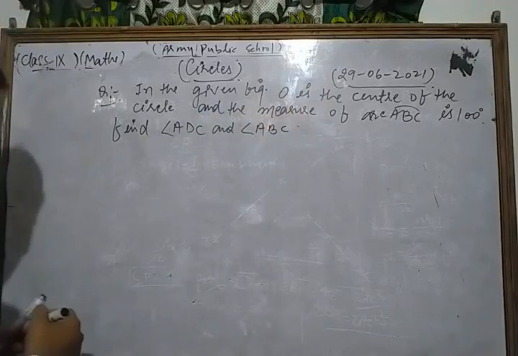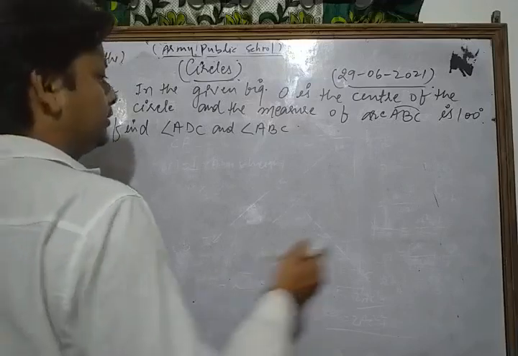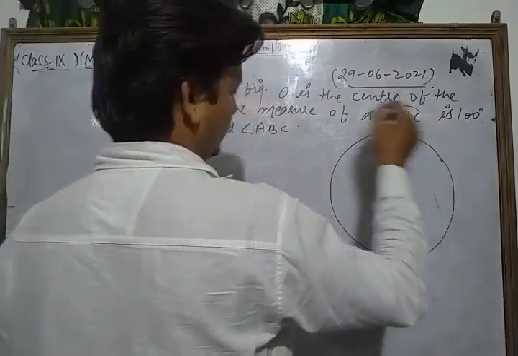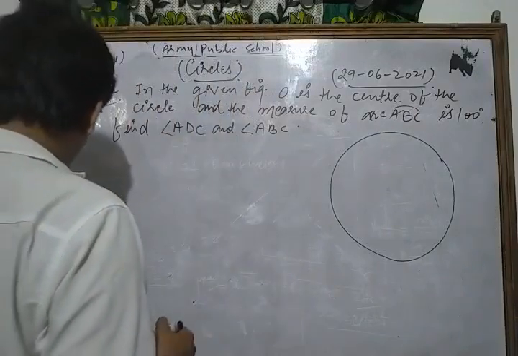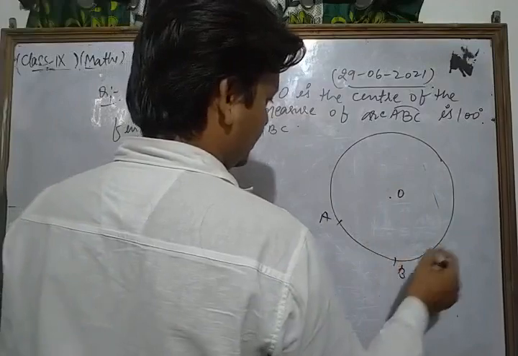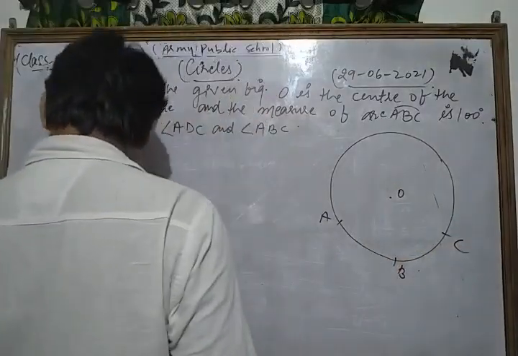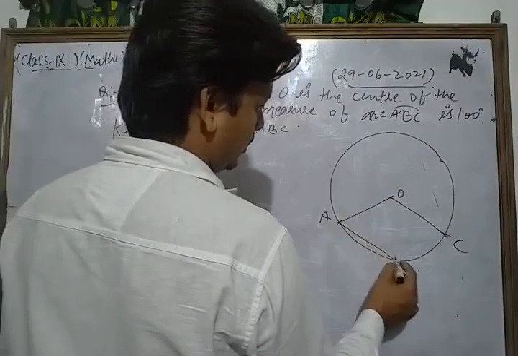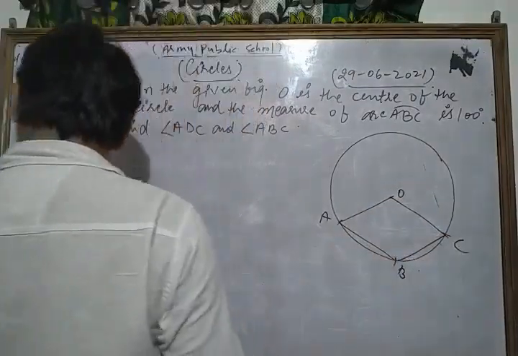Look, your figure is a circle with center O. This is A, B, and this is C. Now look, this is joined.